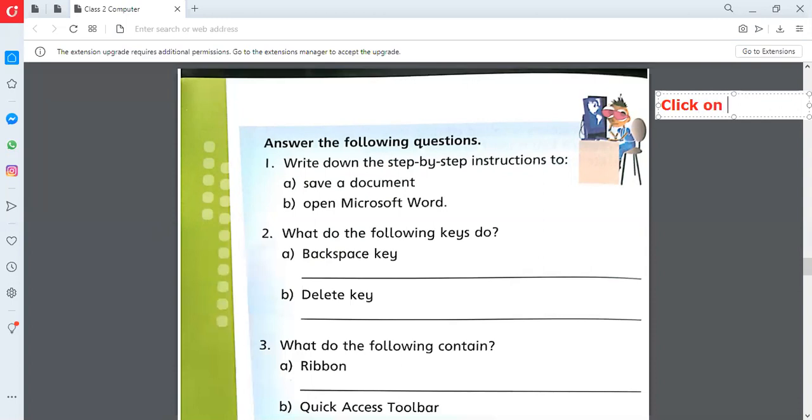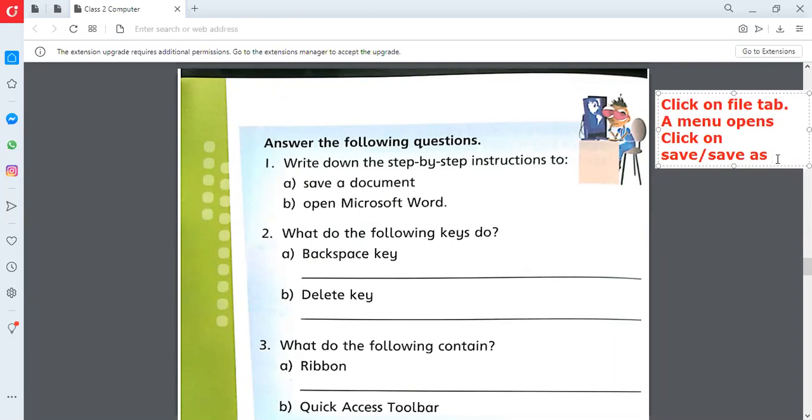Click on file button or file tab. The next one is a menu opens. Click on save or save as. So you can click on any item.